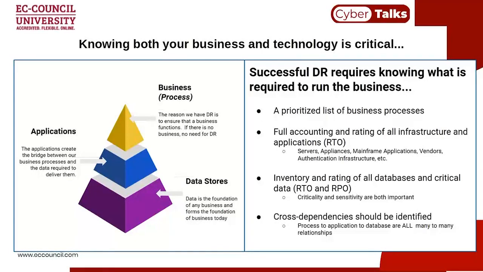For example, you may have alternative manual ways of doing certain work that you can get up and running in 2 hours, let's say. But with your technology, to get back to fully functioning, that might take 4 hours. So your RTO for the business process may be 2 hours to get your business up and running, but to get it fully functional, 4 hours. So you need that full accounting and rating for your infrastructure and applications based on the latter, on what they need from the technology support.